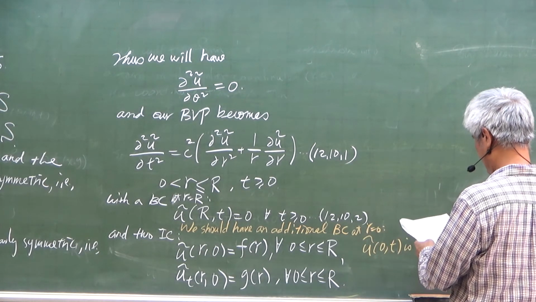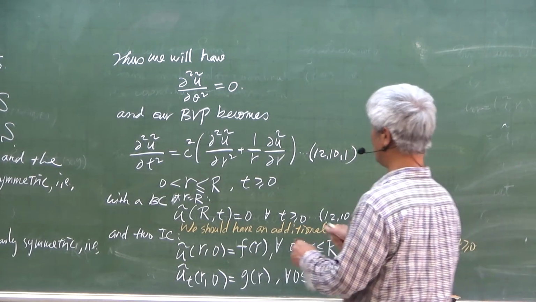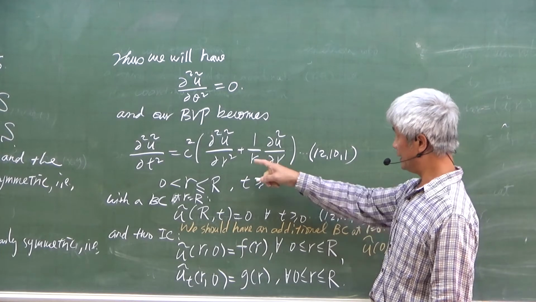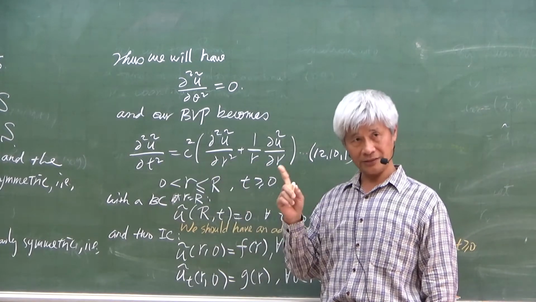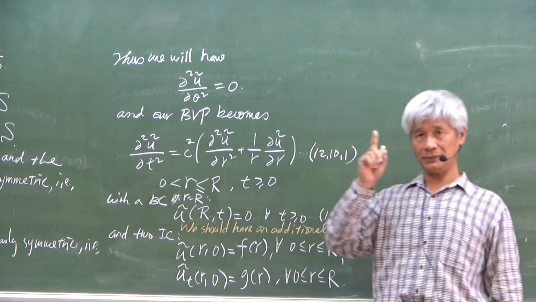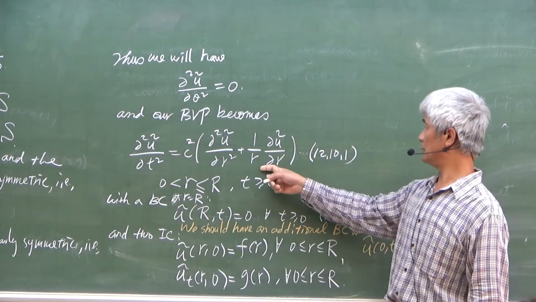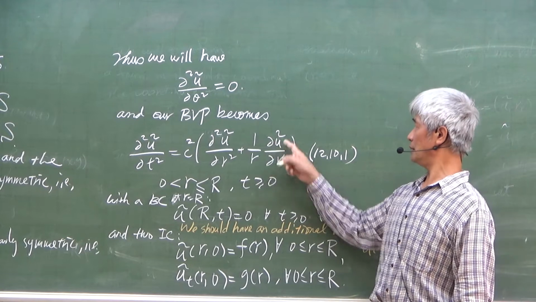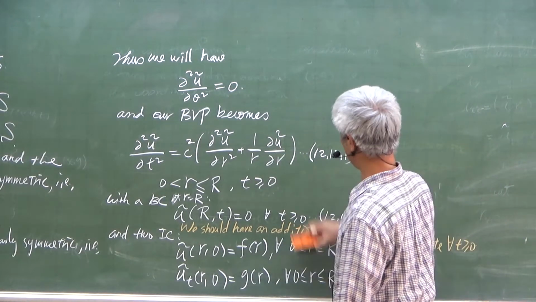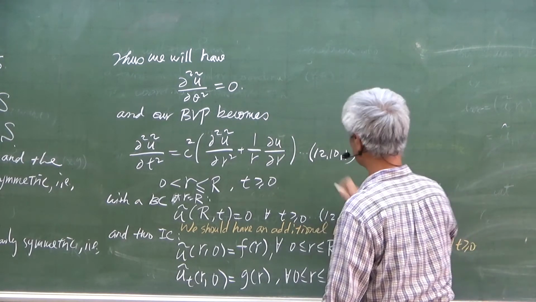All right. So now we solve the PDE here, and this PDE is a little bit different from the wave equation in the rectangular coordinates, in that we have the first order partial derivative term. This is here.